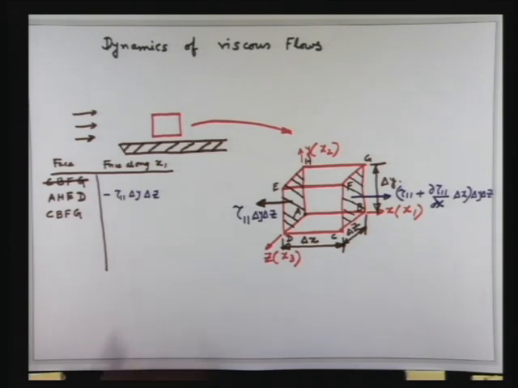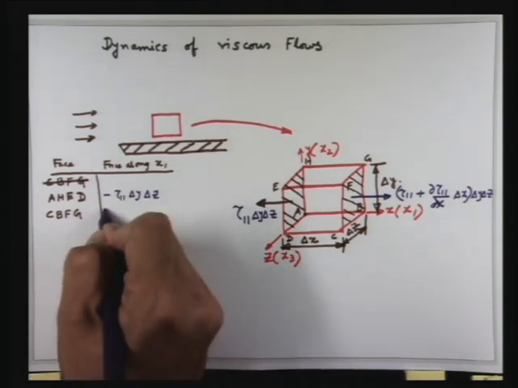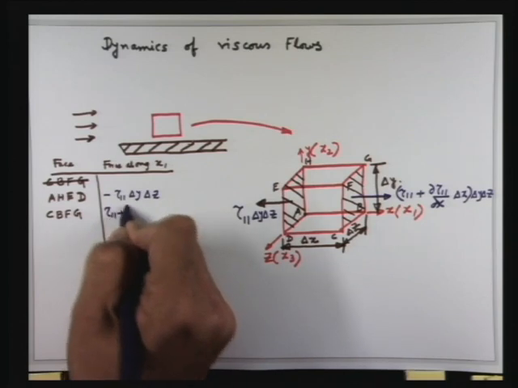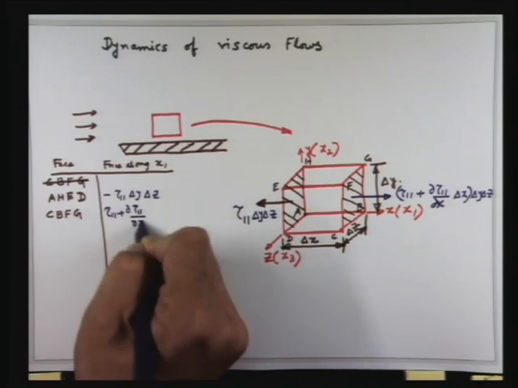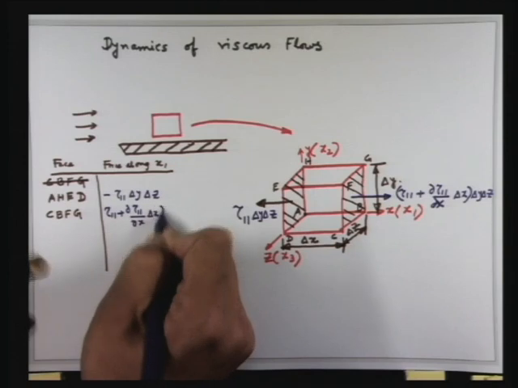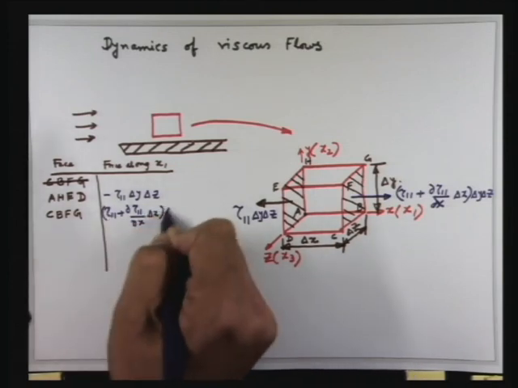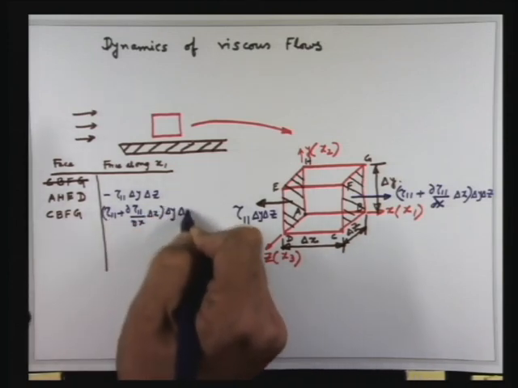So let us write that in this chart: tau 1 1 plus del tau 1 1 by del x into delta x, into delta y into delta z.